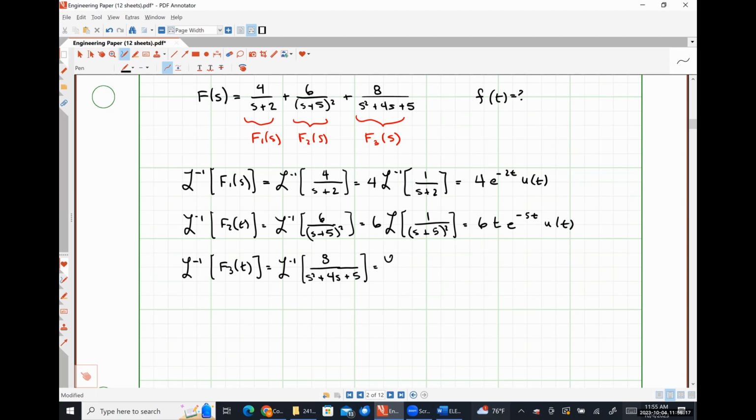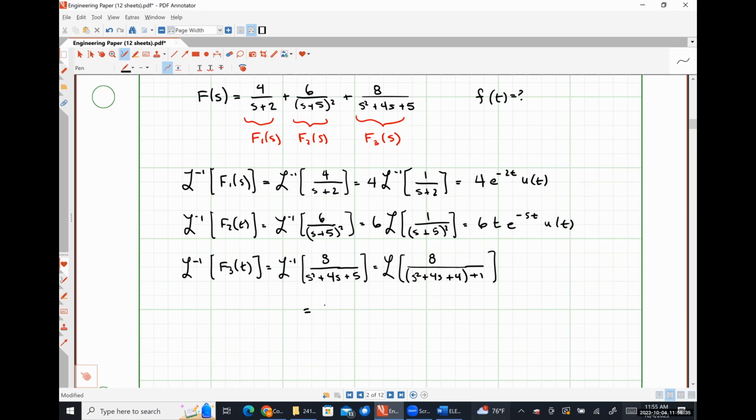So this would be the Laplace transform of 8 divided by s squared plus 4s plus 4 quantity plus 1. And I'm going to come down here.